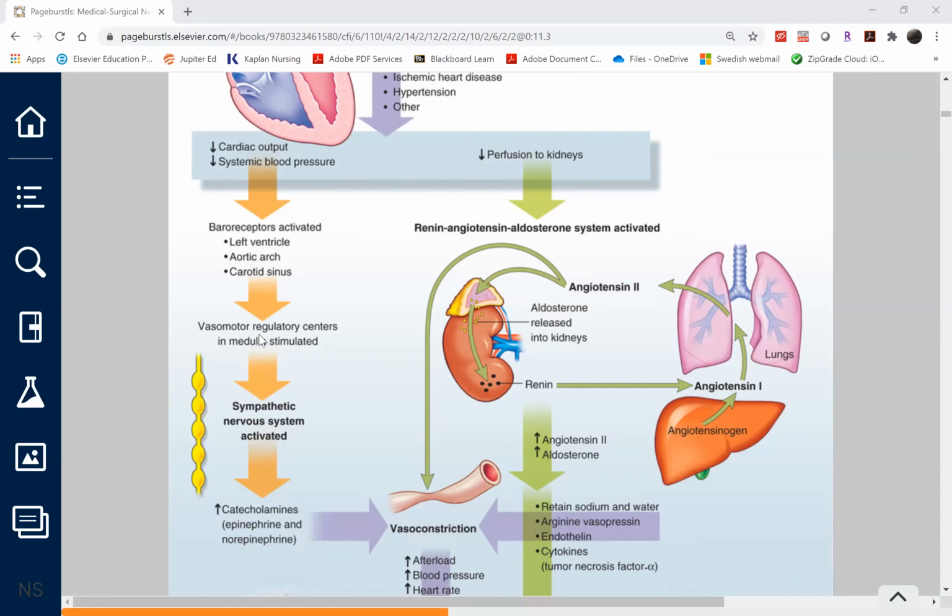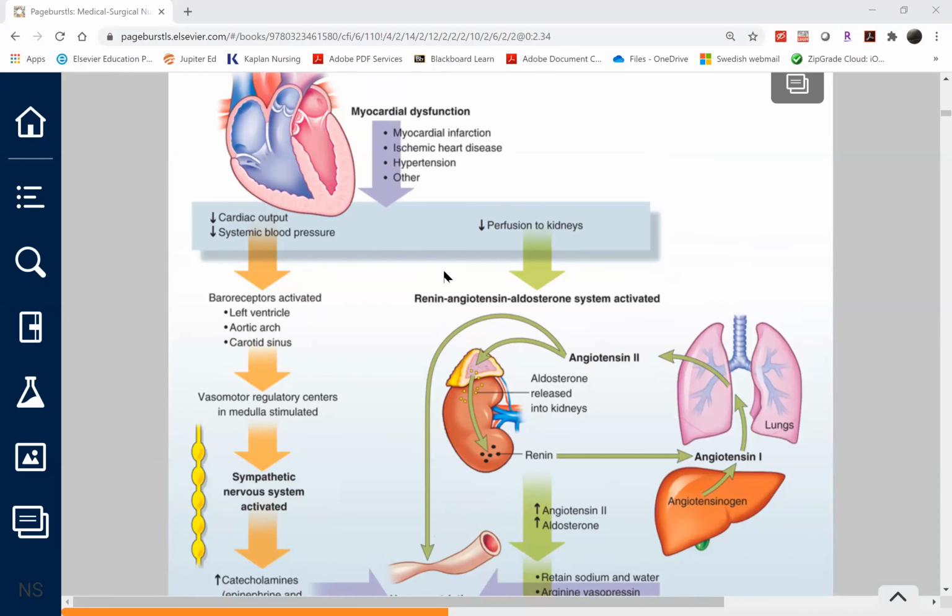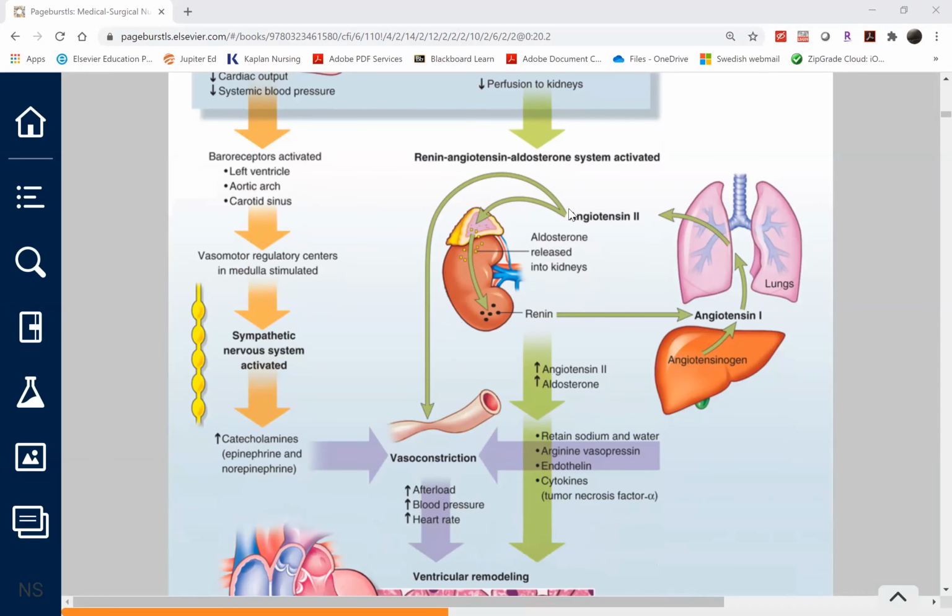That would be good. And look at the renin-angiotensin side. What's it doing to the afterload? Because it's causing further vasoconstriction, it's increasing the afterload. The aldosterone part, which is now reabsorbing water and sodium, what's it doing to the preload?